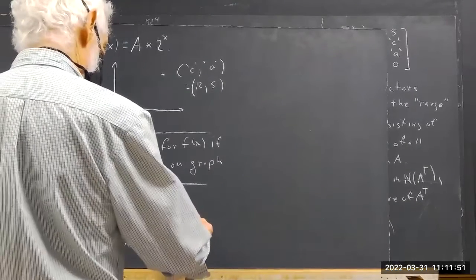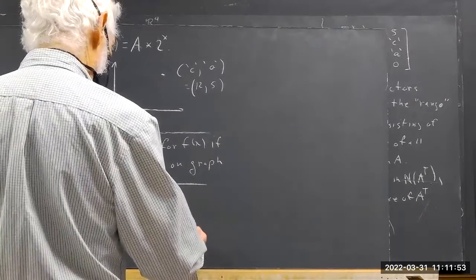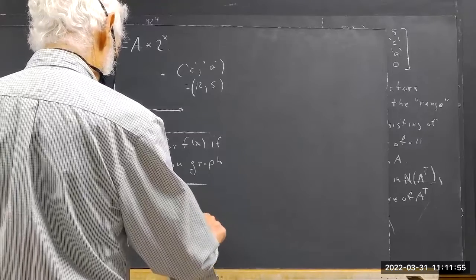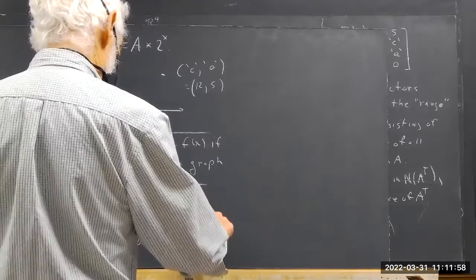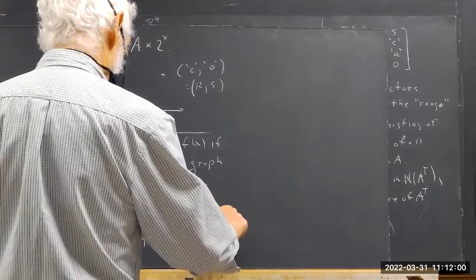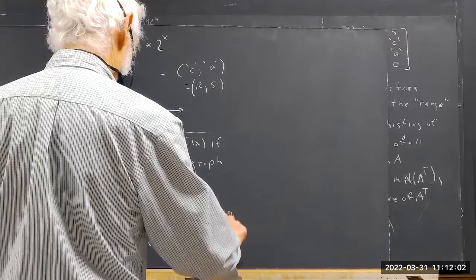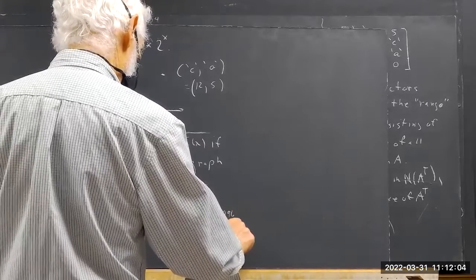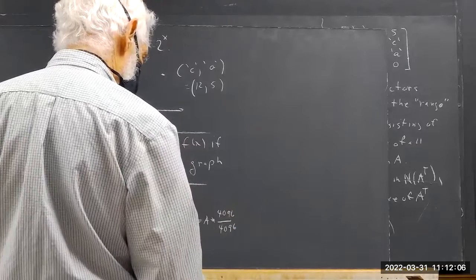So 5 over 4,096 equals a times 4,096 over 4,096.